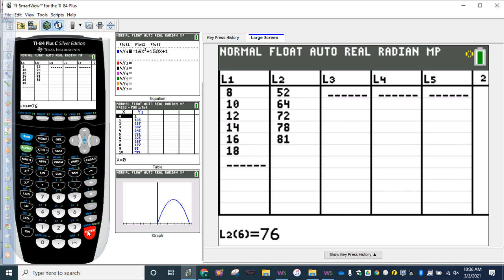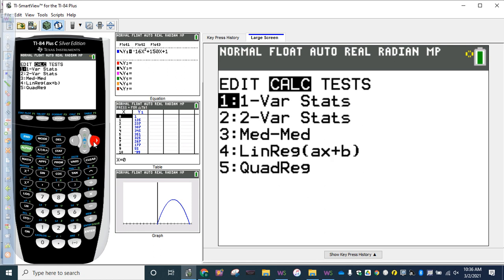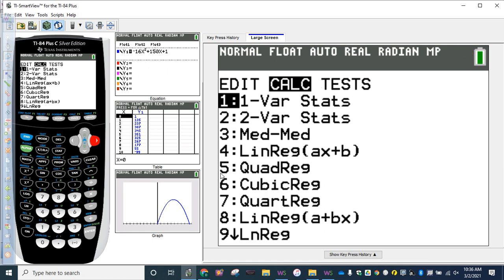Again, the only difference between those initial calculator directions I gave you and this one is this very next step. So you can use those first calculator directions. I'm not redoing them. So we're going to go stat, right arrow up top to calc, and instead of doing number 4, linear regression, all we do is number 5, a quadratic regression.